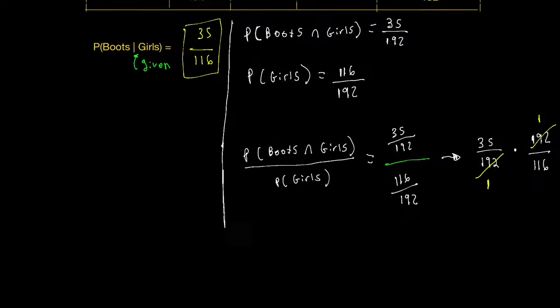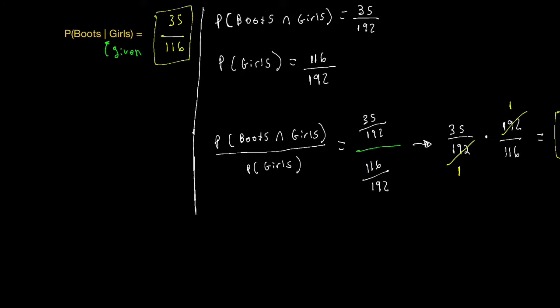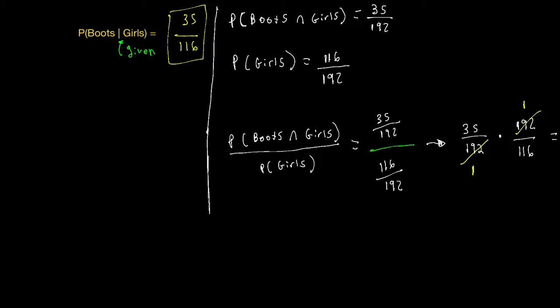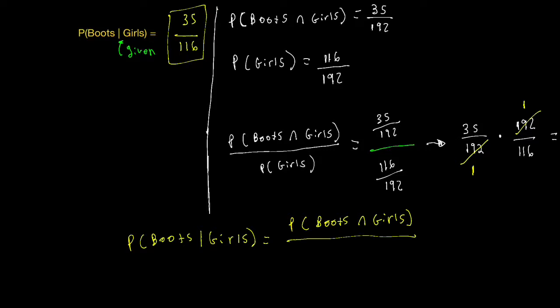So using these discoveries and patterns, I claim that the probability of boots given girls is equal to the probability of boots and girls divided by the probability of girls. They're both going to give you the same ratio.